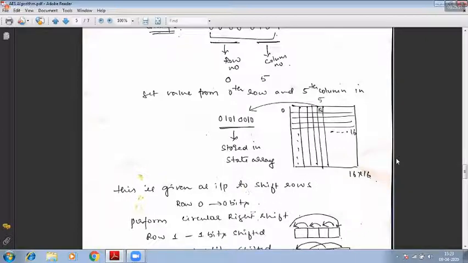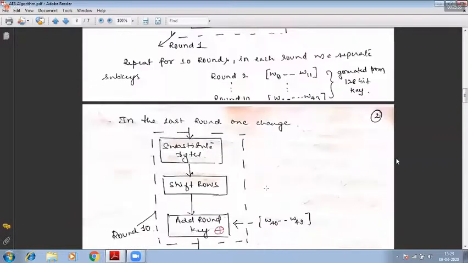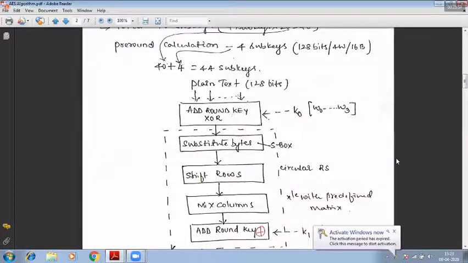What is the input to the shift row? The input is once again 128 bits. It has performed the XOR operation with the key, and the input to the substitution byte, that is the S box, is 128 bits itself, and the output we just got from the state array is once again 128 bits. Now that 128 bits has to go to the shift row block.